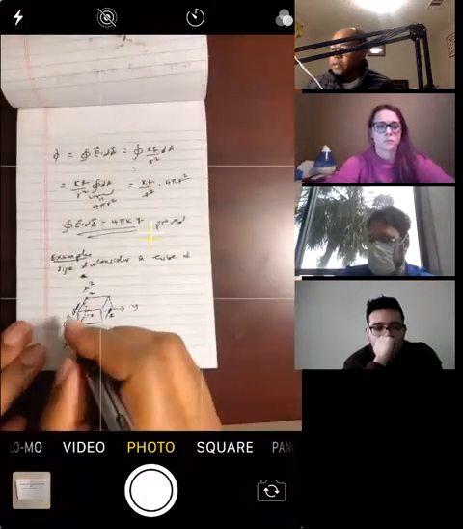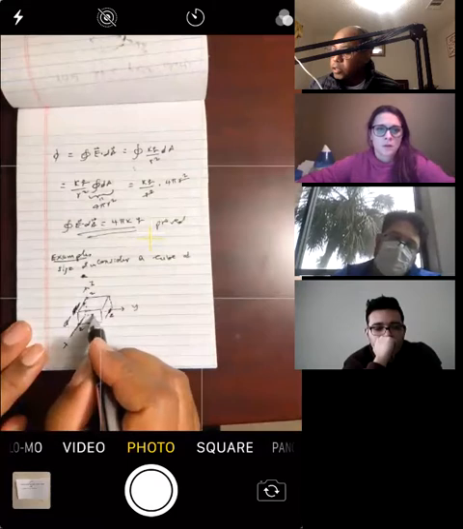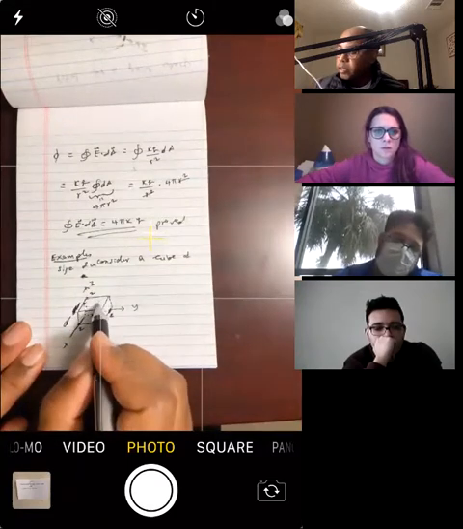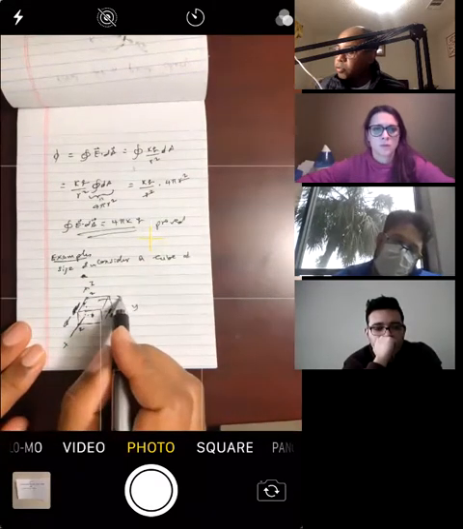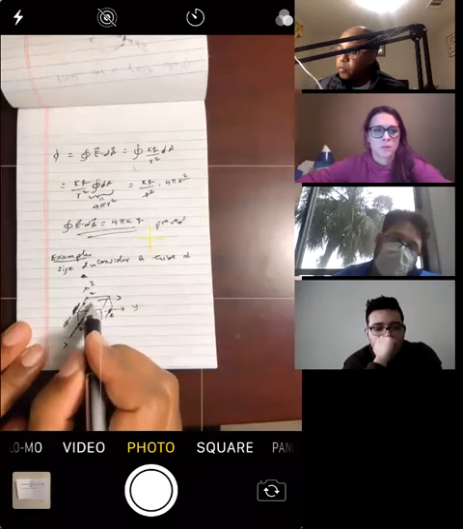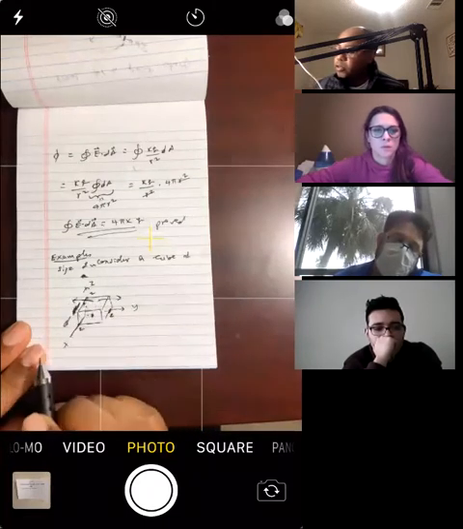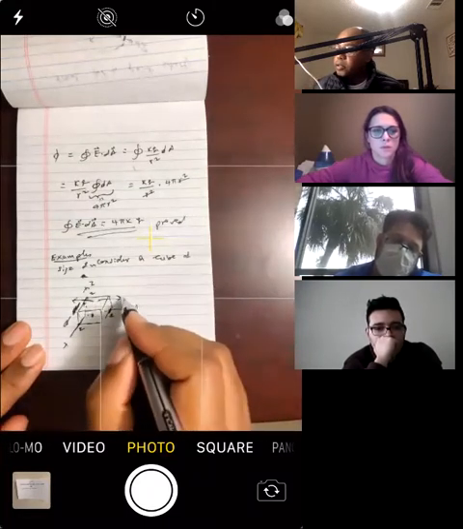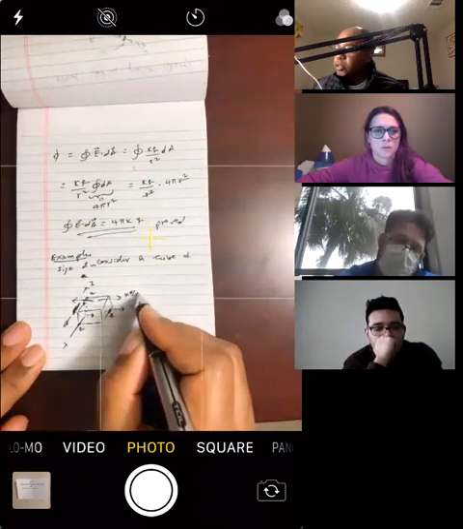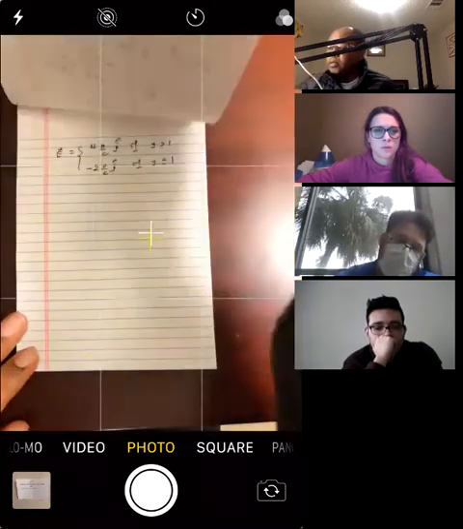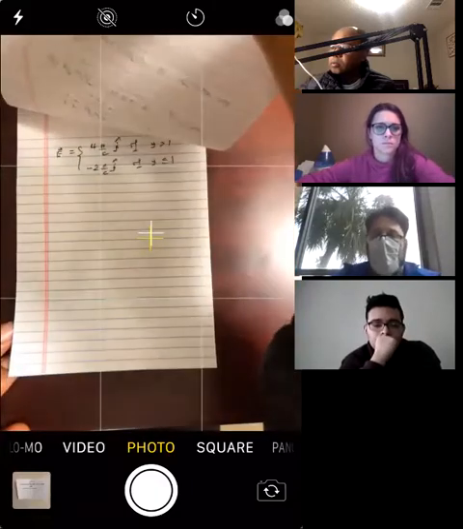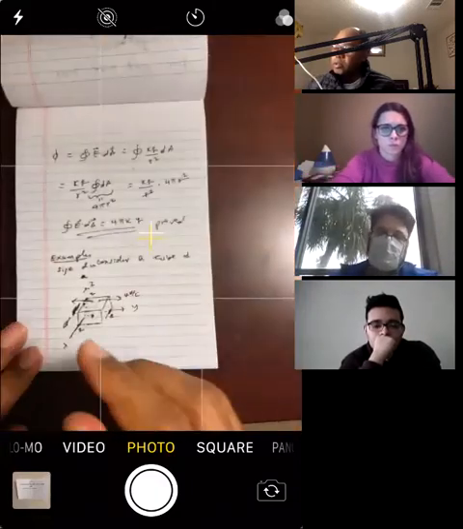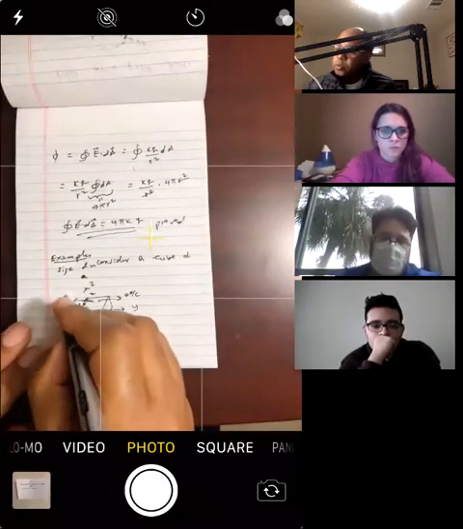So the electric field for Y greater than 1 is in this direction over here, and the electric field for Y less than 1 is in this direction over here. This one is in the J direction, and the other one is negative 2 Newton per Coulomb in the negative J direction.